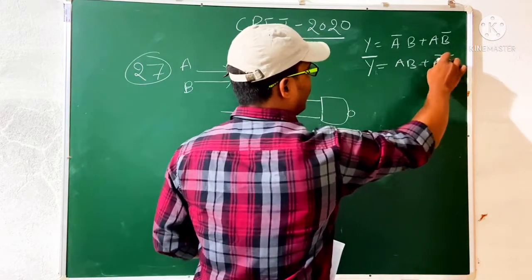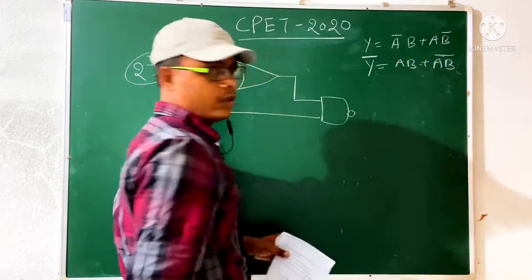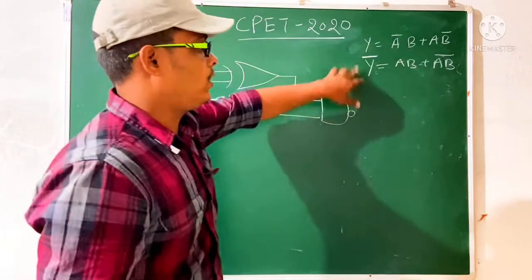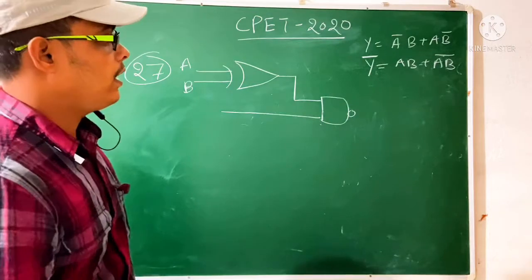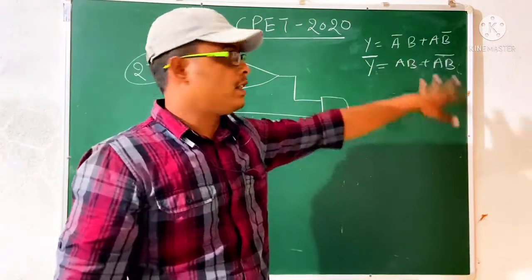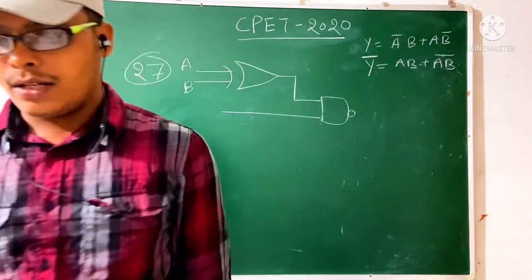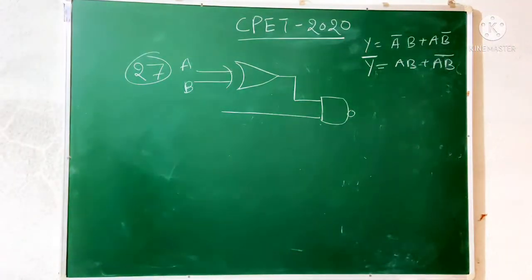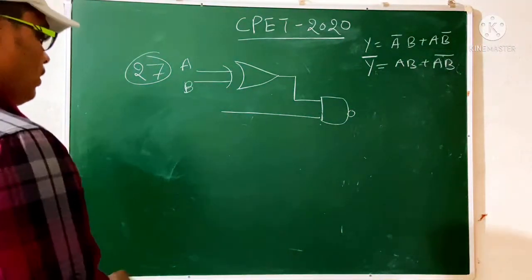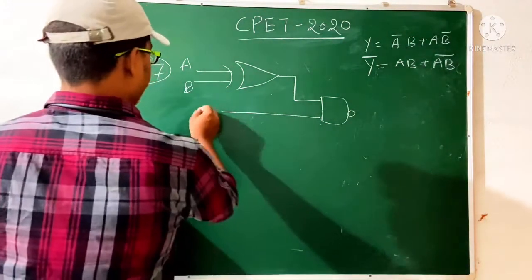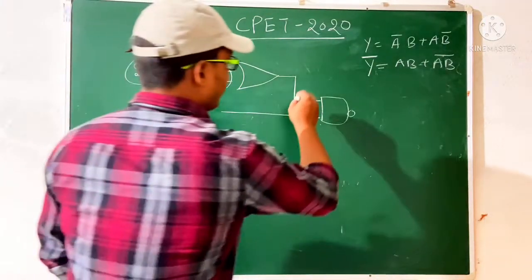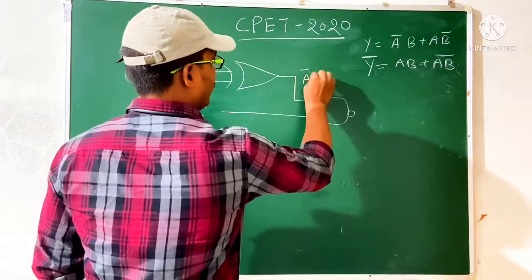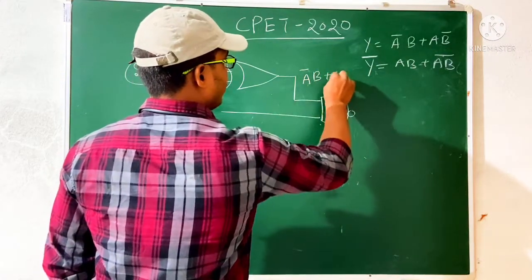Remember, this is the output of the negation of an XOR gate. This is XOR and this is XNOR, because when NOT is there, that will be your negation. This is A bar B plus A B bar, and the opposite gives the negation quantity. So this is A, B and this is C. If this is A, B, then this will be A bar B plus A B bar.